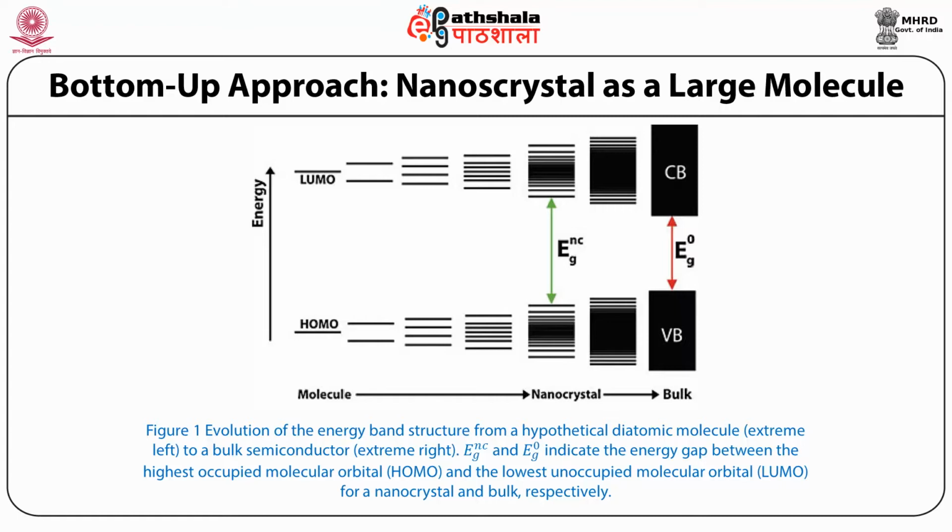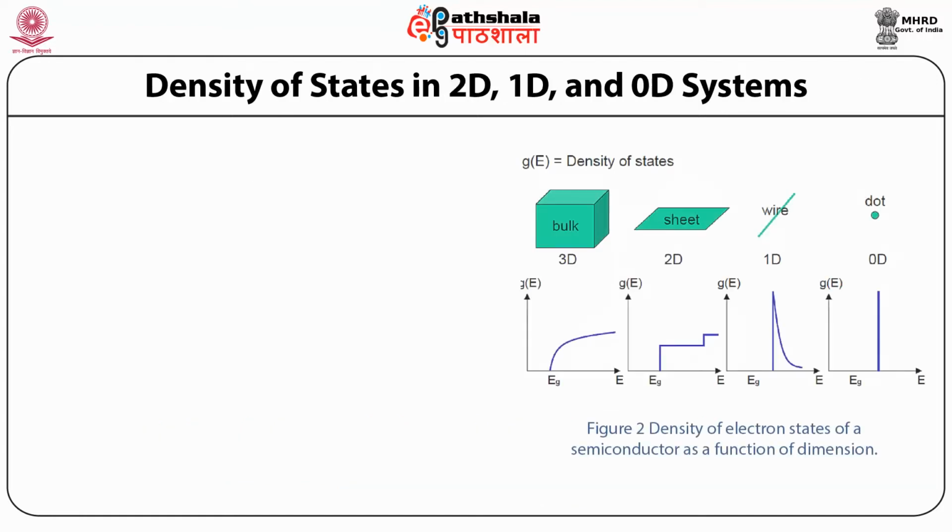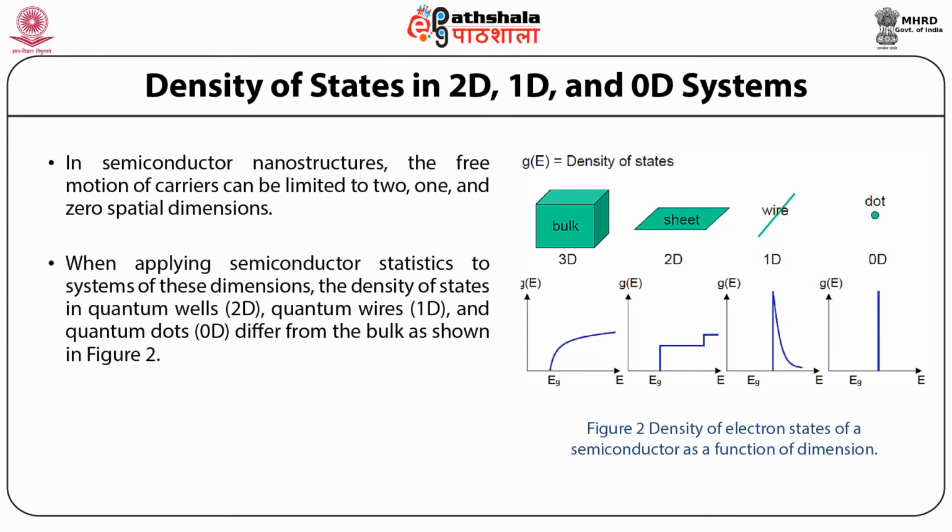This describes both the quantum confinement effects referred to in the earlier section from the molecular viewpoint. Density of states in one-dimensional, two-dimensional, and zero-dimensional systems. In semiconductor nanostructures, the free motion of carriers can be limited to 2, 1, and 0 spatial dimensions.